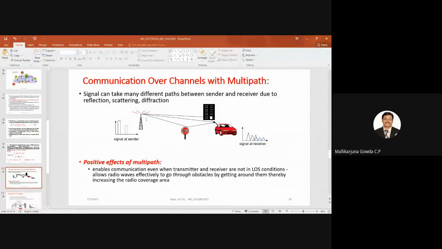So what happens when the signal is transmitted? Here is shown an example at this instant. The same signal will be received at the receiver side through different paths. At the receiver side, there may be some delay between one path and another. That is what is shown here, the signal at the receiver.